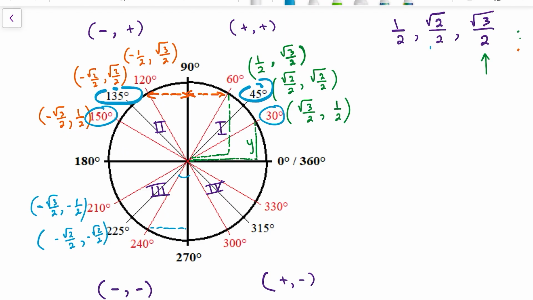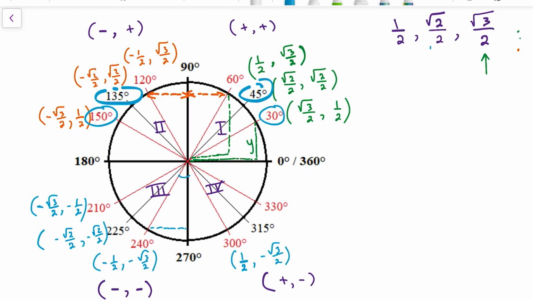So I will have a negative half and a negative root 3 over 2 for 240 degrees. Now, given these patterns, you can easily do the 300 degrees. I know that my cosine is going to be positive, my sine is going to be negative. So I have a half and negative root 3 over 2.